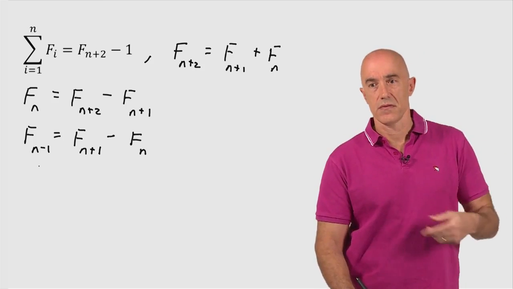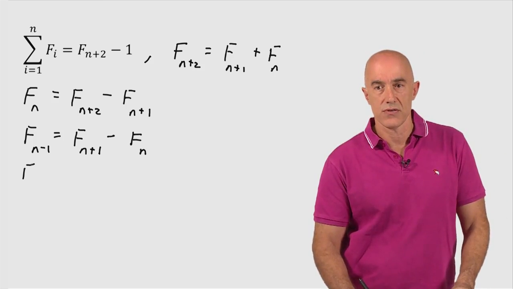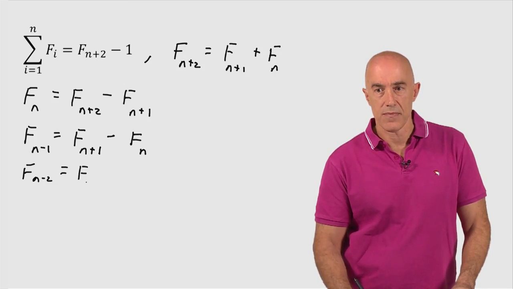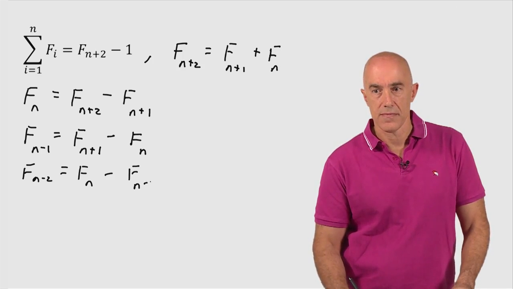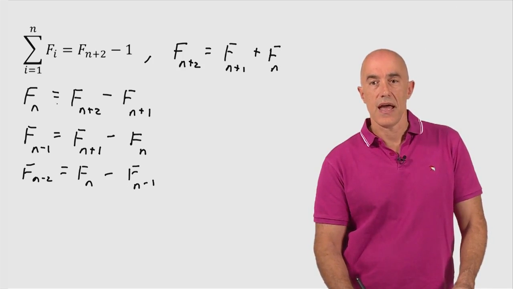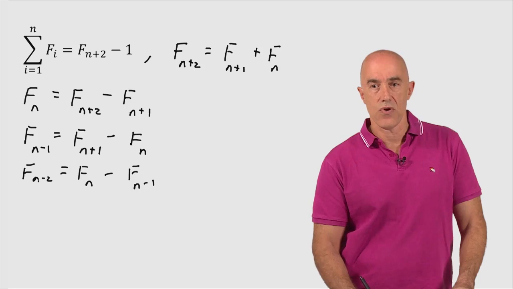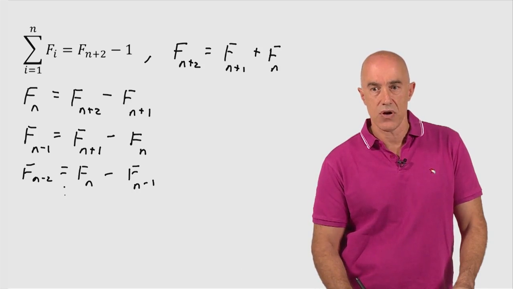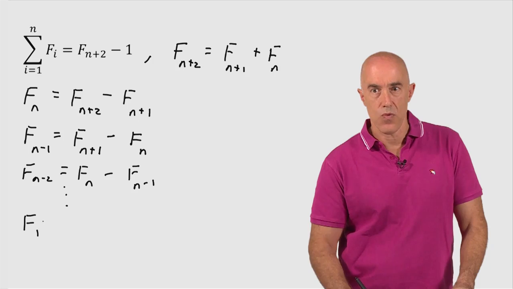And so on. Let's do one more just to see. f sub n minus 2 equals f sub n minus f sub n minus 1. The idea being that we're going to have all the f's here, so we can keep going down. And then the last one will be our f sub 1, our first term, right?